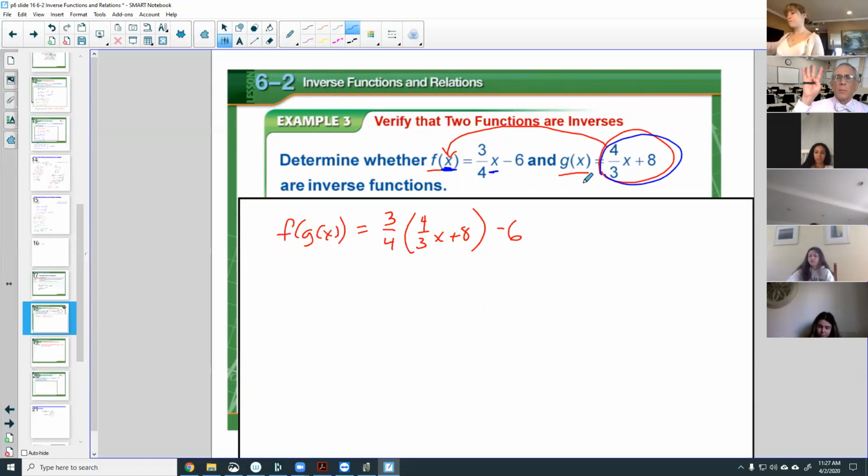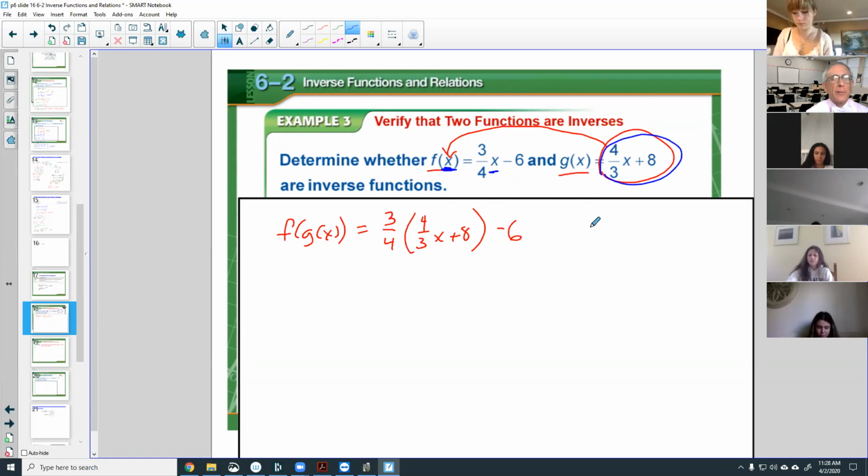Now, I want to make sure everybody understands it. This is a complicated step. And then I still had to subtract 6. Are we okay with that? Mr. Jenkins, how did you know that you had to put g of x into f of x instead of the opposite way? That's a good point. The reason I did that was because f comes before g in the alphabet.